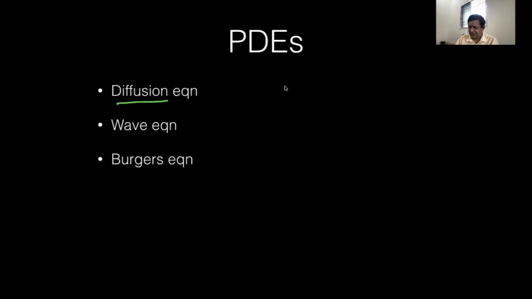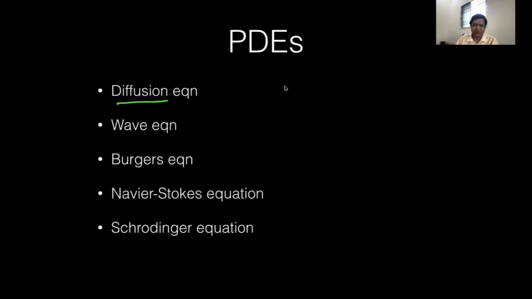All right, so let's look at the PDEs which we will discuss in this course: the diffusion equation, wave equation, Euler's equation, Navier-Stokes, and Schrödinger. These are the equations which we'll cover in this course.